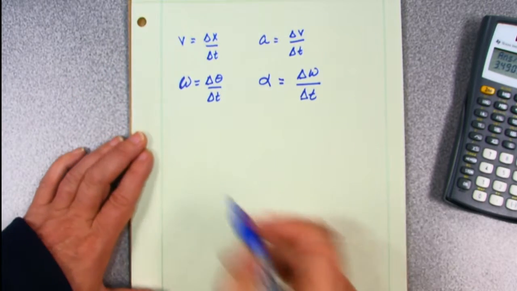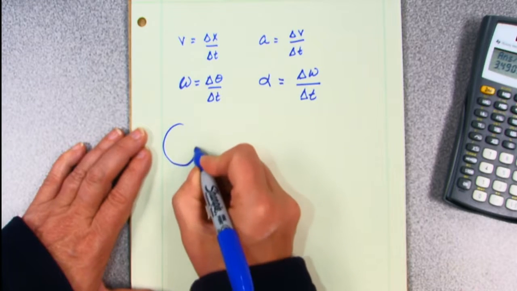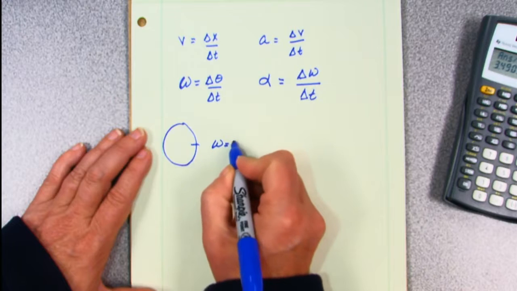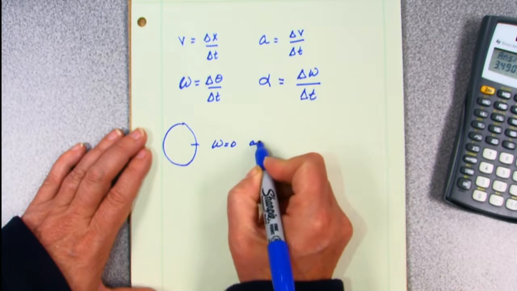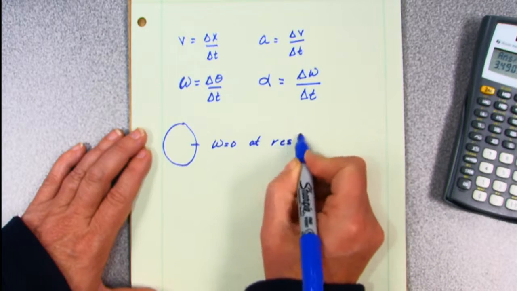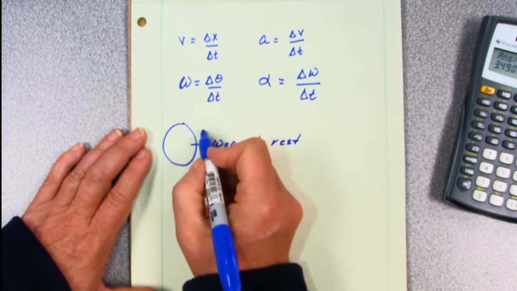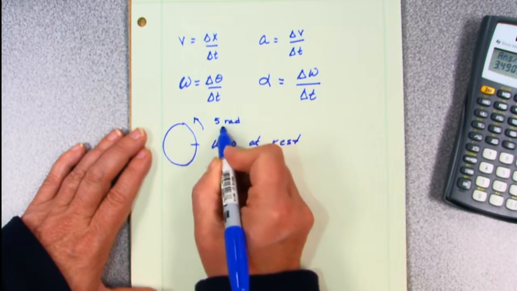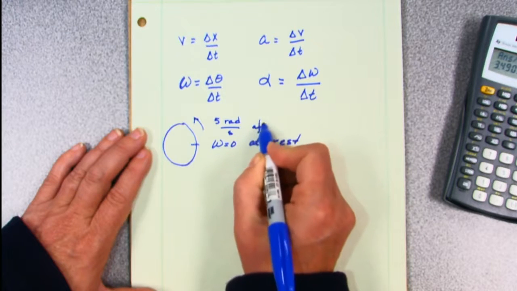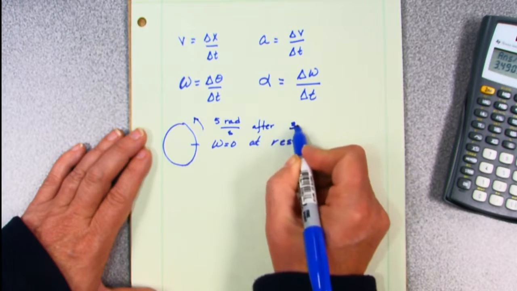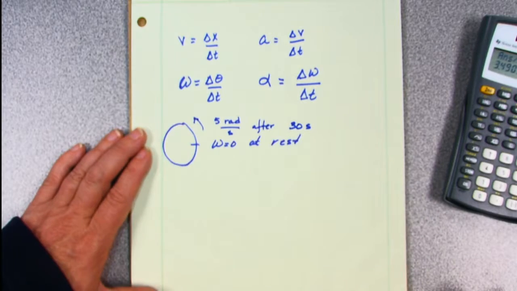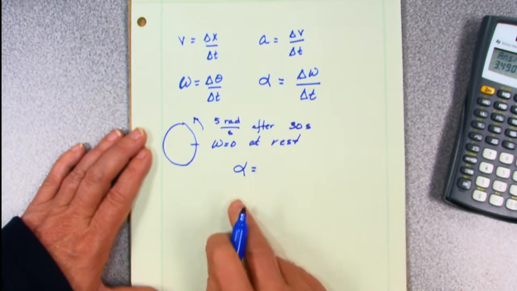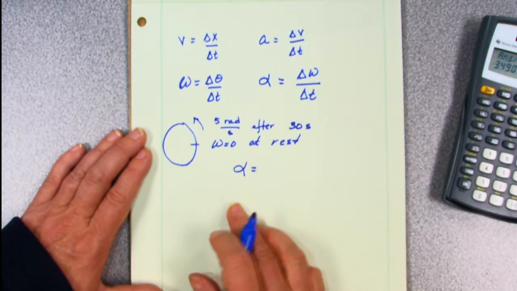So now if I have a wheel, I'm going to start with an angular velocity of 0, or at rest. I'm going to move up so that I get 5 radians per second after 30 seconds. We want to know what my angular acceleration is.